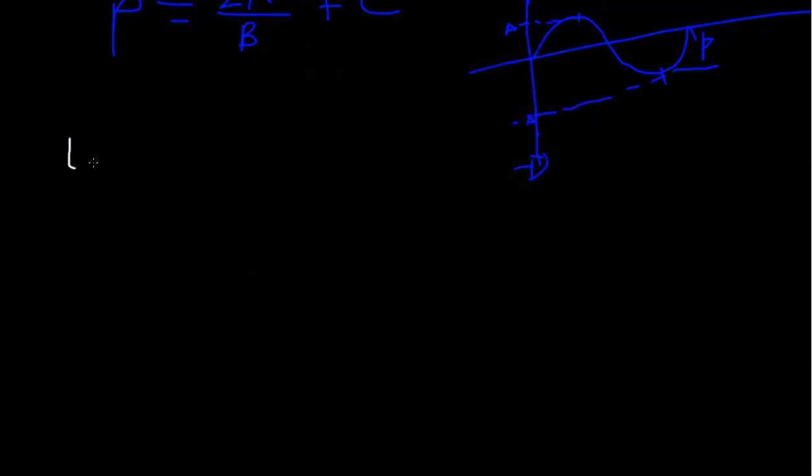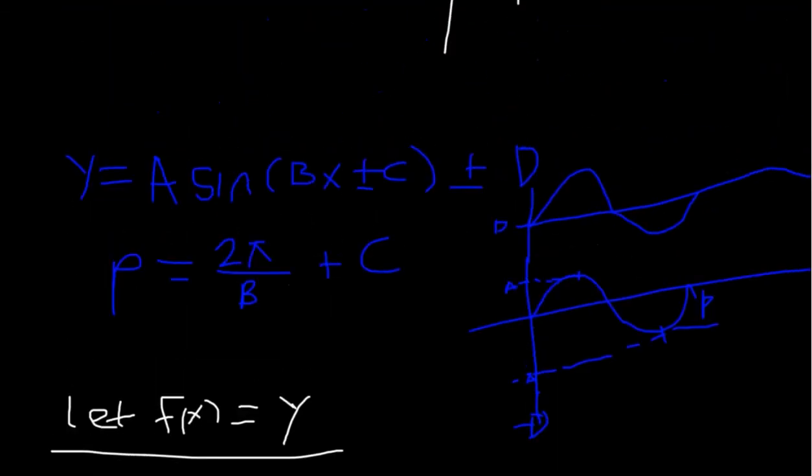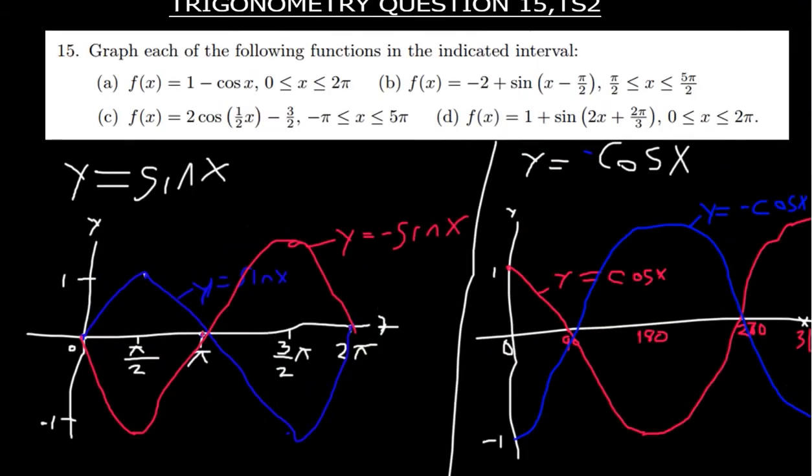Let f(x) be equal to y, so that in every question I solve starting from this point, I'll be using y instead of f(x). So this is 1 minus cos x, and the domain is being given to be 0 up to 2 pi.